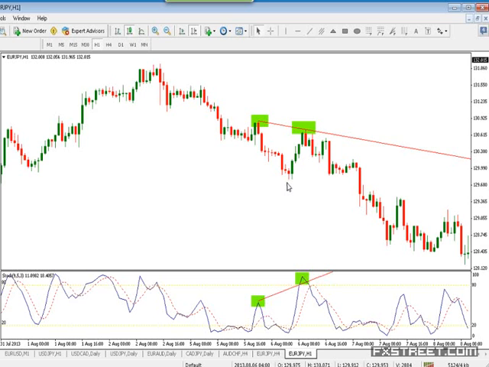Now, this particular kind of situation becomes very important because this is where your stochastic is telling you that there is still an expected move remaining in that existing trend. Now, this is a signal for us to re-enter a trend.